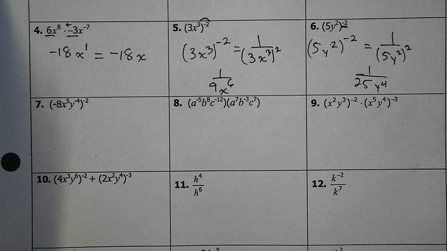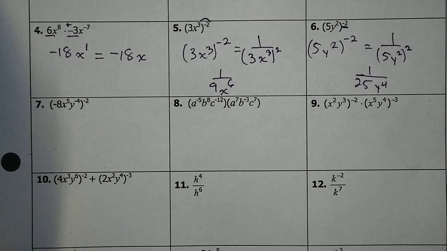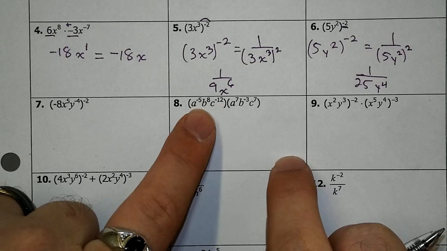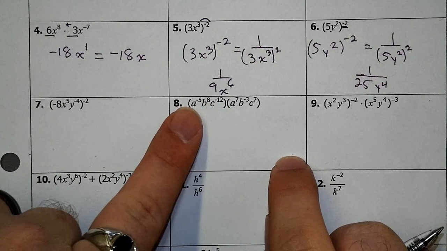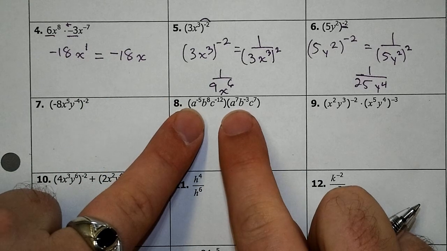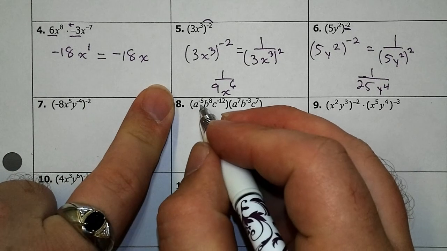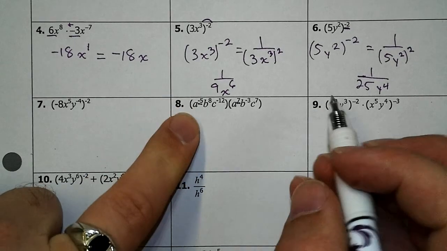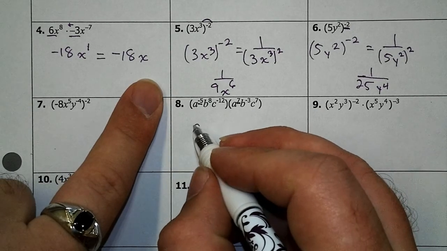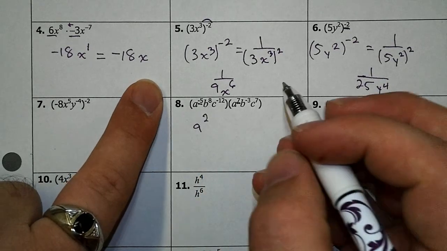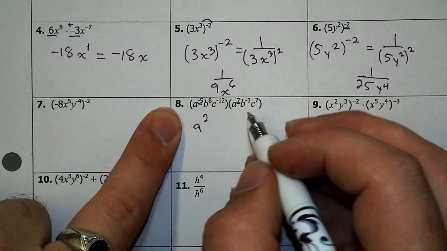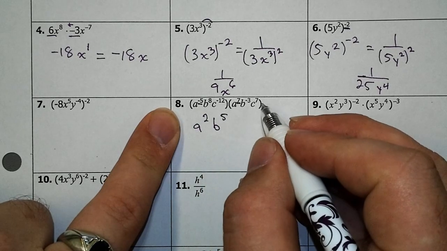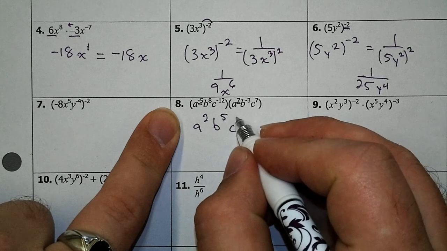Now, some of these we're seeing over and over again. Let's do number 8 real quick with 3 variables, but the process is still the same. Now, this is the product rule, right? So, a to the negative 5th times a to the 7th is negative 5 plus 7, which would give us a to the positive 2. b to the 8th plus negative 3 would be b to the 5th. c to the negative 12 and c to the 7th would be c to the negative 5.